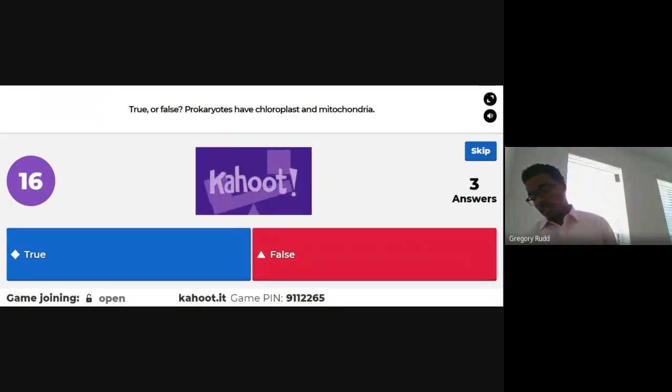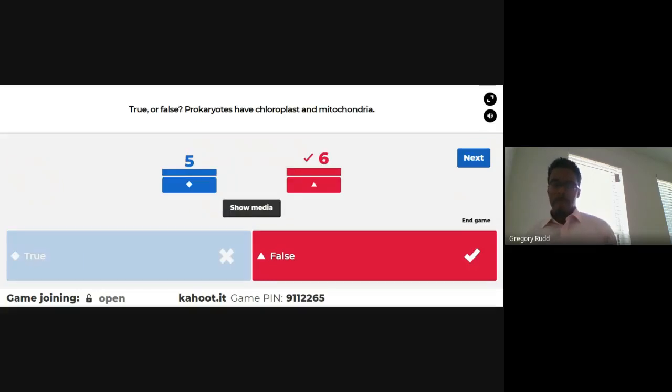True or false? Okay. So chloroplast and mitochondria are considered membrane-bound organelles. So prokaryotes do not have membrane-bound organelles. Only eukaryotes have those.